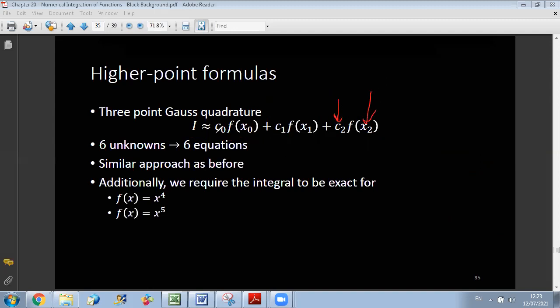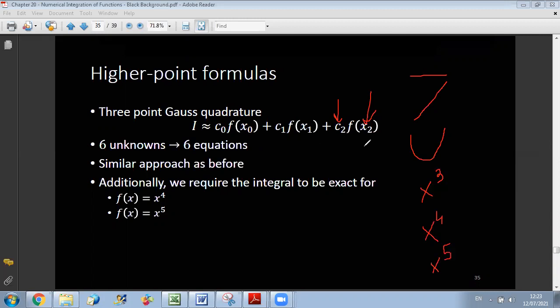If you remember, when we had just 4 unknowns, the first equation imposed an exact integral for a constant function, the second for the linear function, the third for the quadratic function, and the fourth for the cubic function. Now we will add 2 equations: one to ensure the same integral for x to the power 4, and the 6th equation will ensure the same integral for x to the power 5.